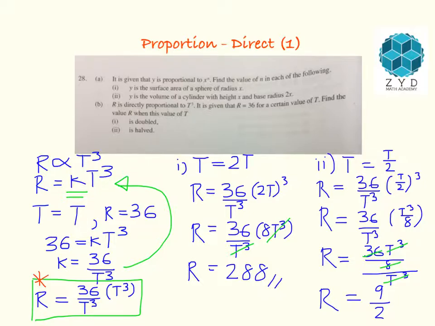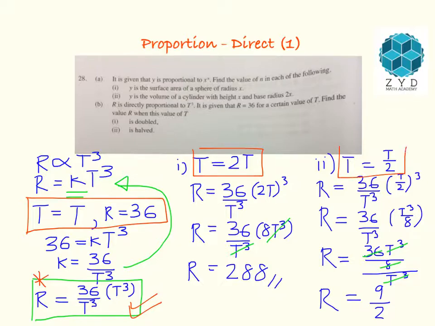So the lesson from this question is we must understand this, we must establish this, we must get our general equation. Then we can get the values of our r, x, and whatever variables they give us.